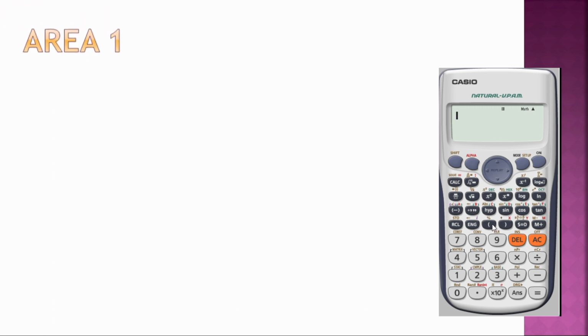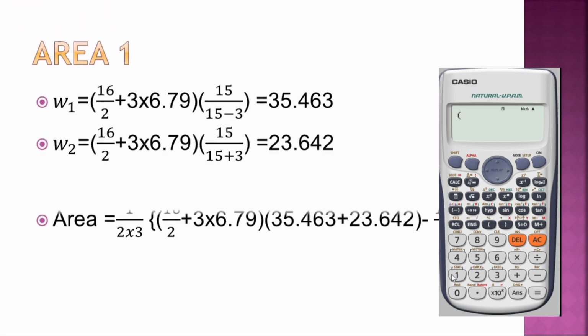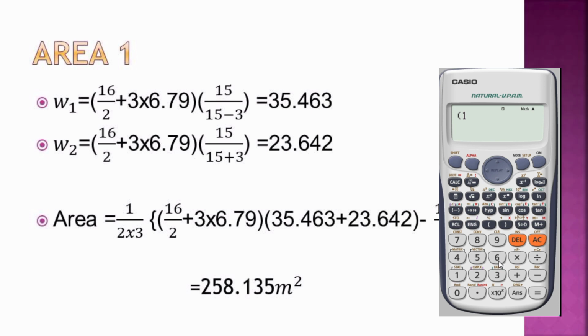I go ahead and calculate the area of the first chainage. First, we start with the side width W1, and my b, that is 16 over 2 added by the multiplication of 2, that is 3, multiplied by the height difference of 6.79.